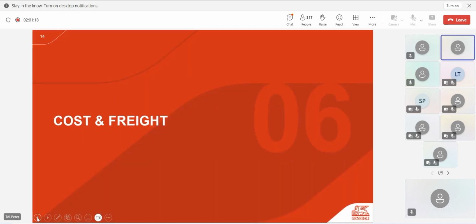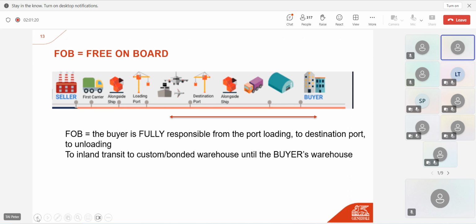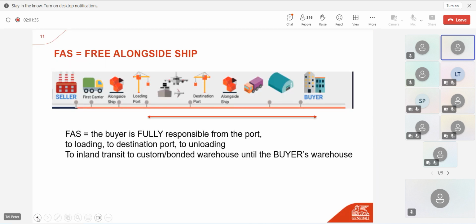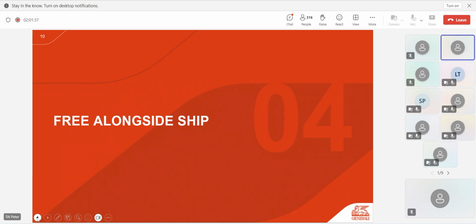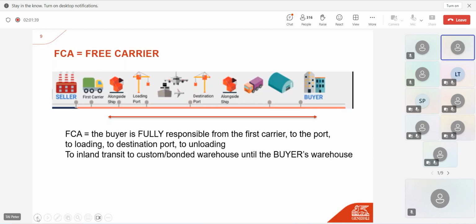CFR, not that common. FOB is the most common, because like I said, the seller is only responsible for the goods in transit in their area up to the port only. That's why FOB is the most common. FAS, free alongside ship, not common. Free carrier, not that common.